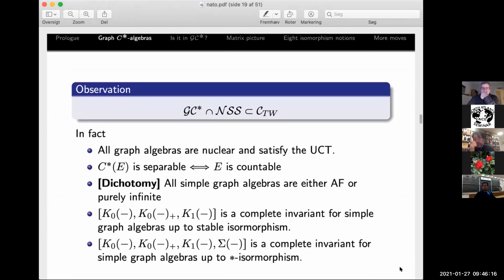Well, I'm glossing over something complicated here, because if you have a hereditary saturated subset, then the ideal is going to be stably isomorphic to the graph algebra of that subgraph, but stably isomorphic, not isomorphic. But there's a theorem due to Hong and Szymanski that says that it actually is on the nose isomorphic to a graph C-star algebra. You just have to change the graph, and there's a procedure for doing this.